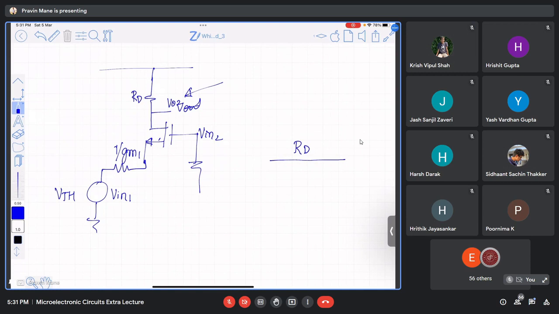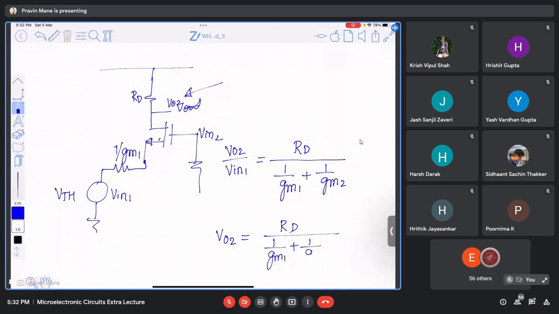Right or not? Yes, sir. What is the resistance seen through the source terminal by Vin? 1 by gm1 plus 1 by gm2. Vo2 by VTH, which is equal to Vin1. Okay, so what is Vo2? Because of Vin1, RD divided by (1 by gm1 plus 1 by gm2) into Vin1.